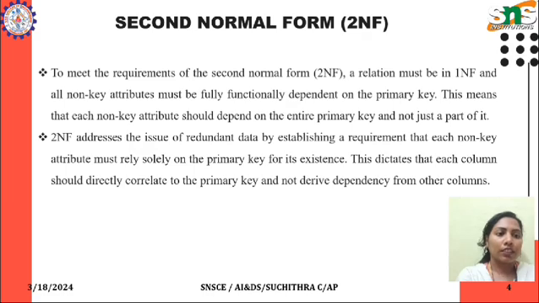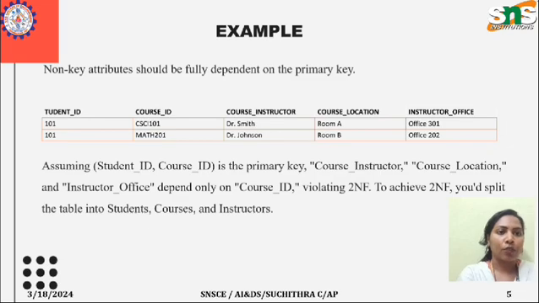This dictates that each column should directly correlate to the primary key and not derive dependency from the other columns. We'll see the example. Non-key attributes should be fully dependent on the primary key.